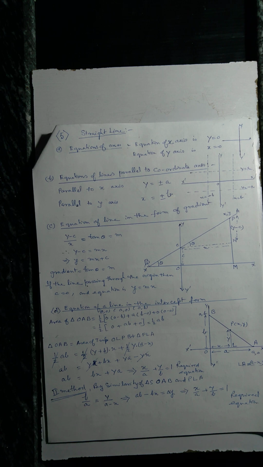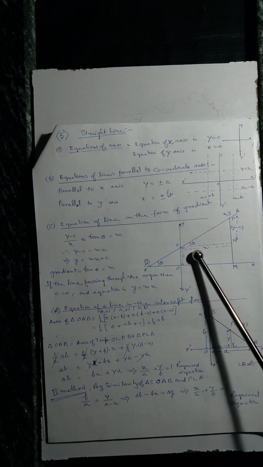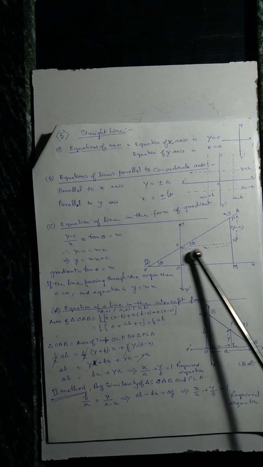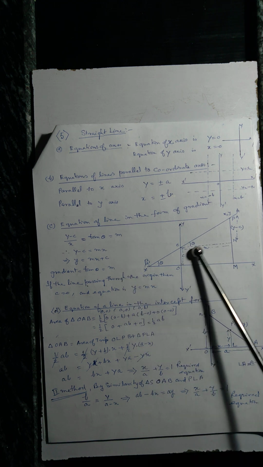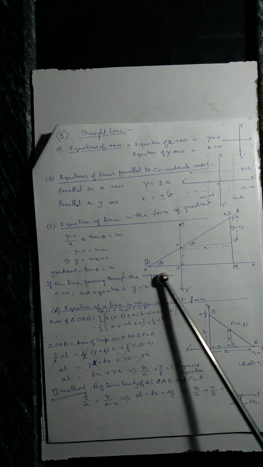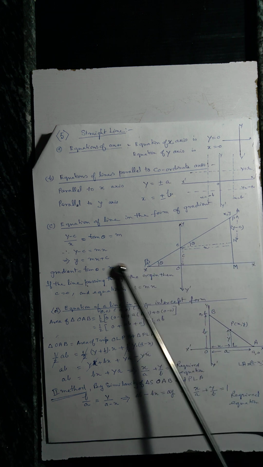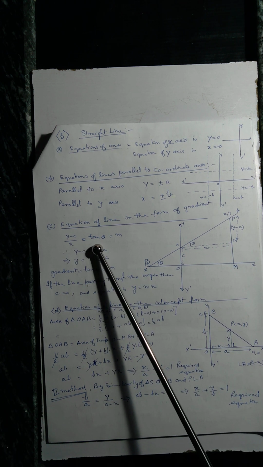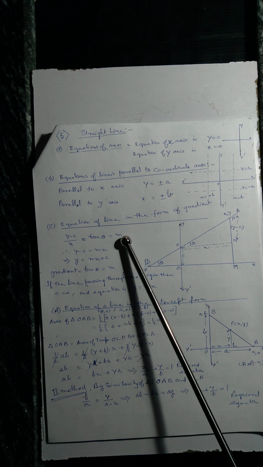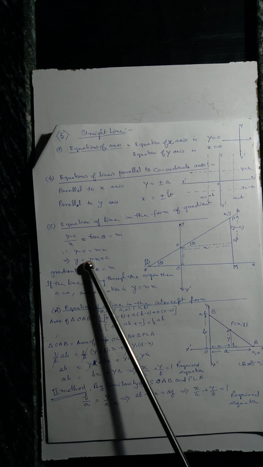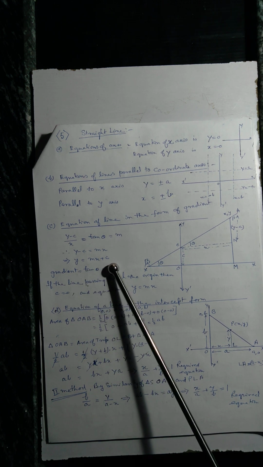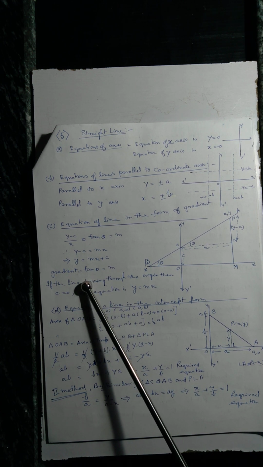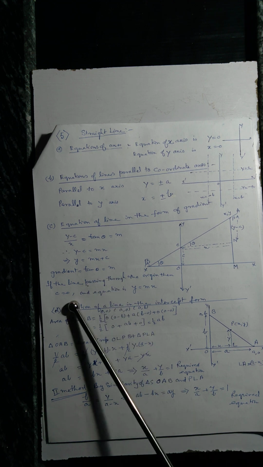So y minus c by x means perpendicular divided by base, that is tangent theta, that is the slope or the gradient of the line AB. So y minus c upon x is equal to tangent theta, that is equal to m. So y minus c is equal to mx. Y is equal to mx plus c. The gradient is equal to the tangent theta or m.